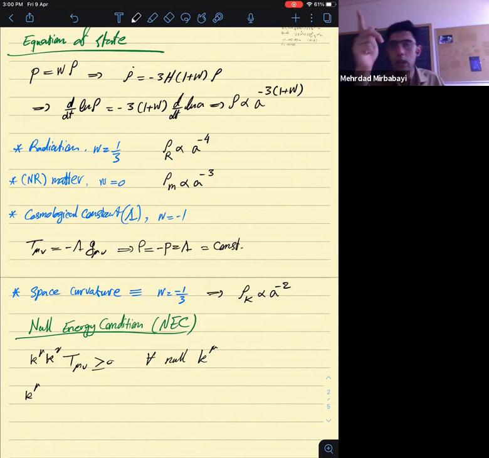Say there is a null k^mu that propagates in direction 1. Just by the fact that it's null, it has to have the following form. Let's call the zeroth component A, big A, and then the first component has to be equal to A over a, little a.